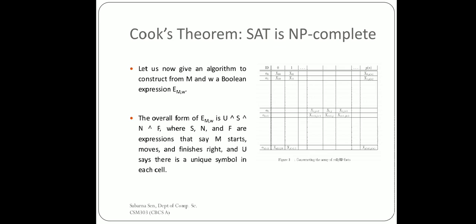Each cell will have one state and a tape symbol associated with it, and that should be unique. Whenever we associate my first alpha naught with 0, whatever the combination of one state and tape symbol is, if we go for the next, it will definitely change. So that should be unique.